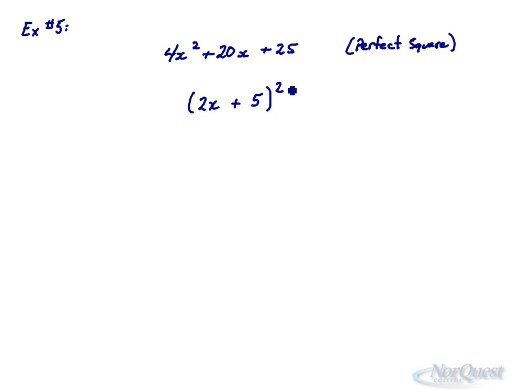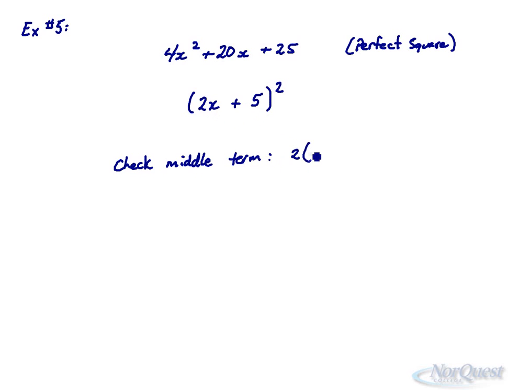Now the way that you check the middle term, going by what we've done before when you expanded out perfect squares: the middle term, when you expand out, is 2 times the first times the last.